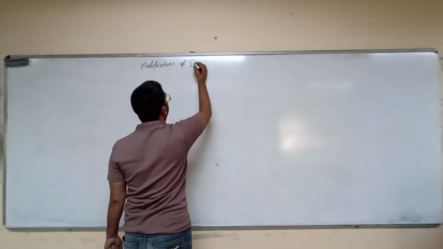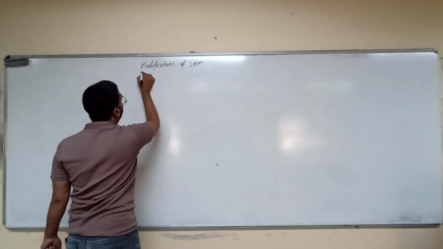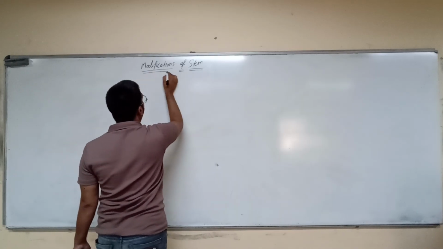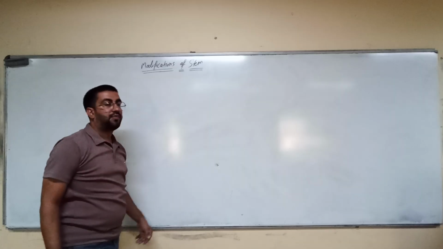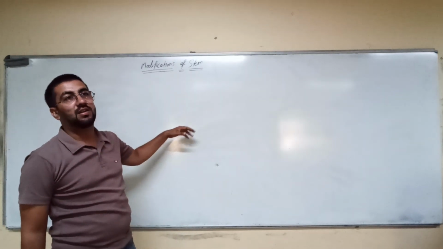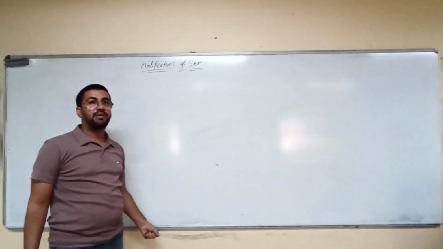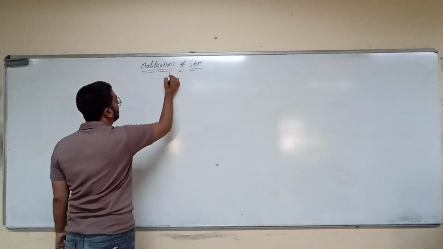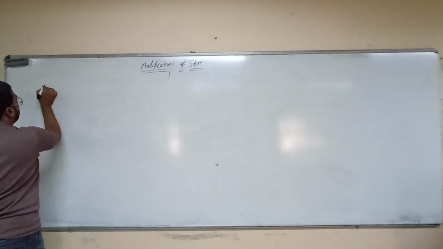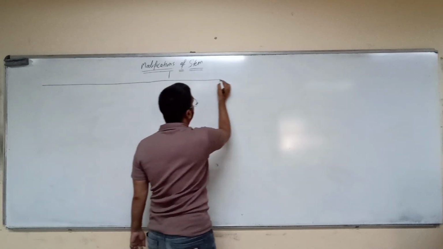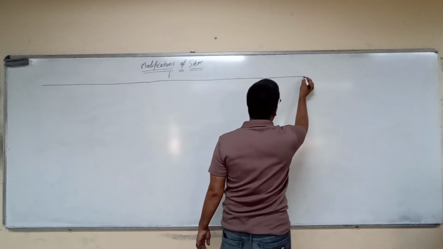Modification of stem means different types of stem, different shapes of stem, and different functions performed by the stem in different habitats. The modification of stem has three types.